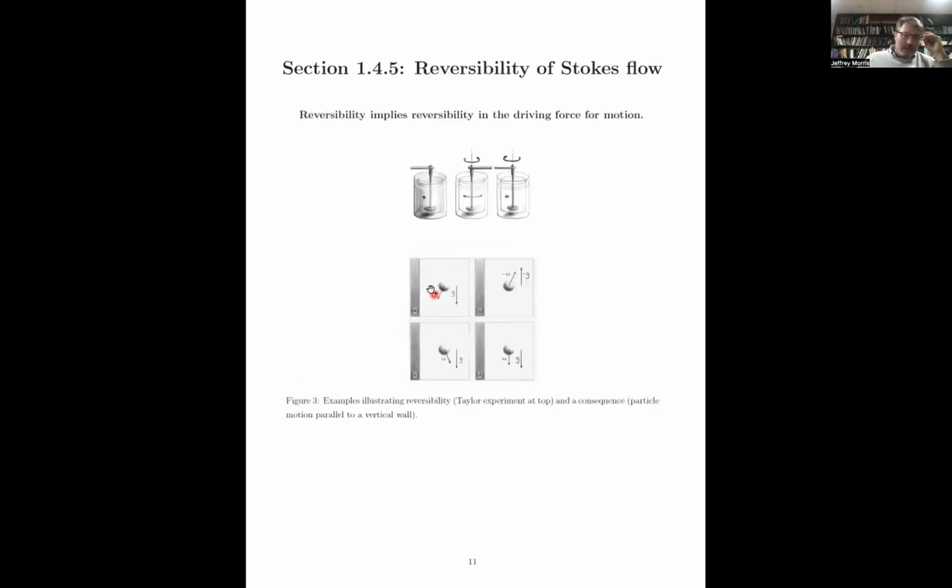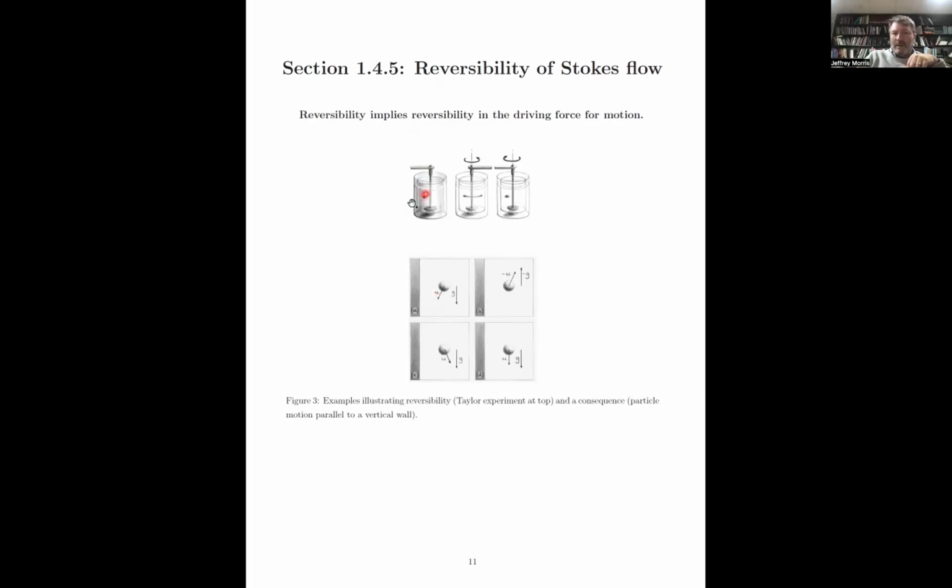There we go. Okay, so there's a beautiful old movie that describes the reversibility. If you look up G.I. Taylor and reversibility of Stokes flow, you may be able to find this online. But what he did is he took this little cuvette system where he could rotate this lever at the top that you can see here.